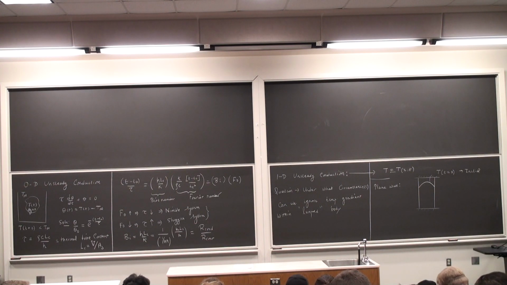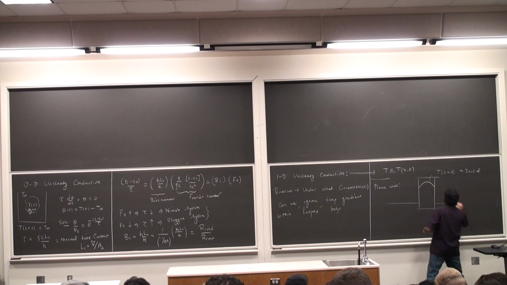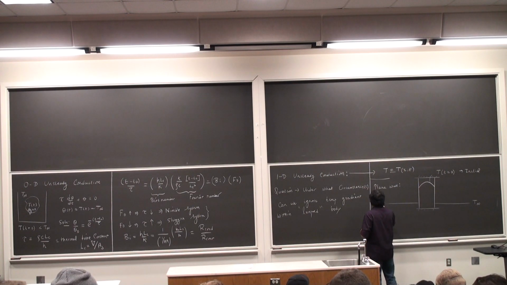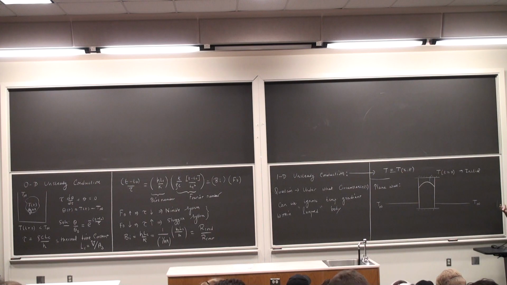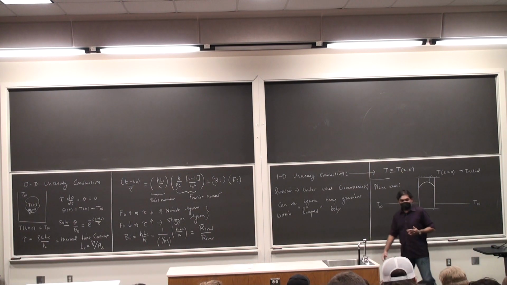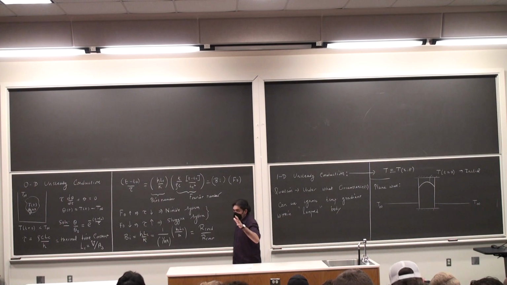Initial profile. Okay. Let's say the T infinity is the same on both sides. So before time started, there was some energy generation within the body. Then as soon as time starts, I'm switching the generation off.